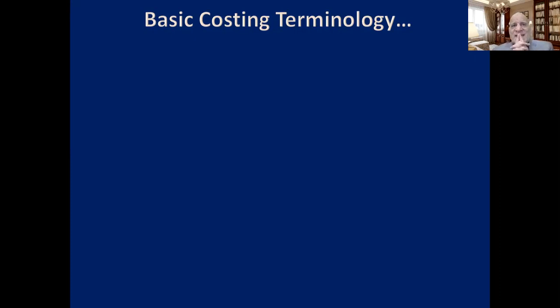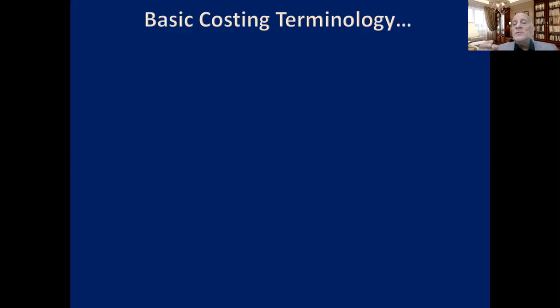As for the cost accumulation method, which must be decided upon, the management accountant must determine whether he is going to use the job or process costing method.